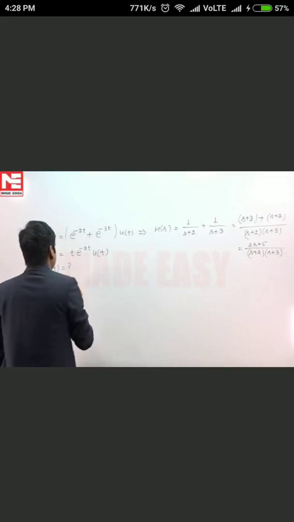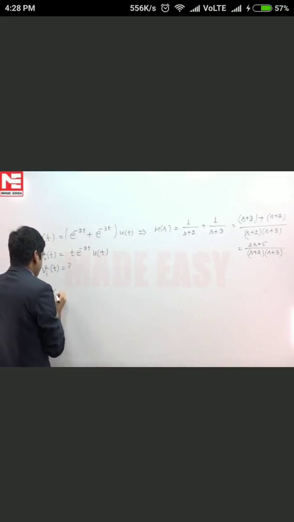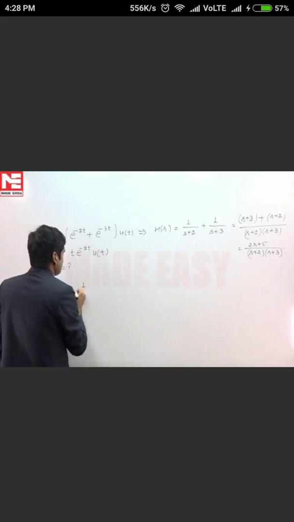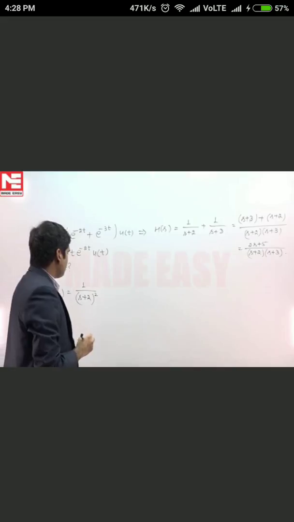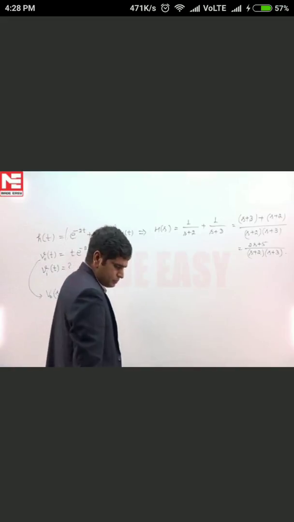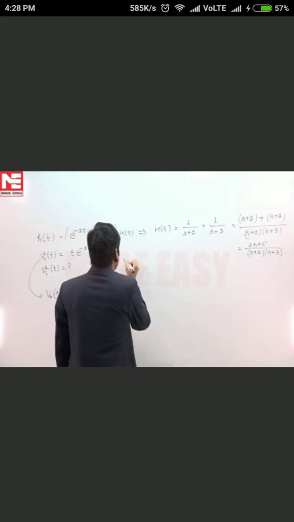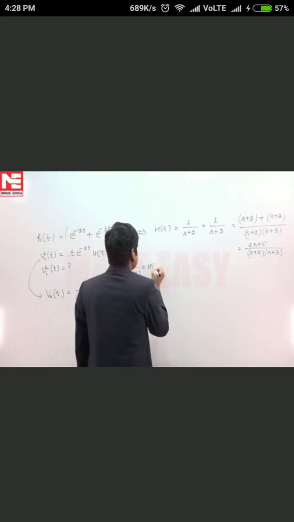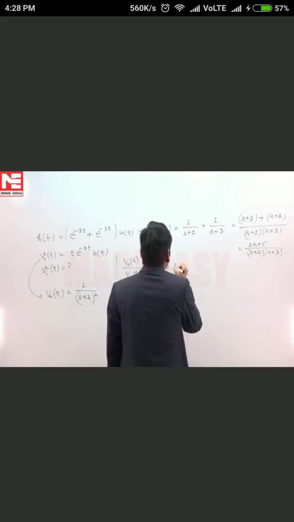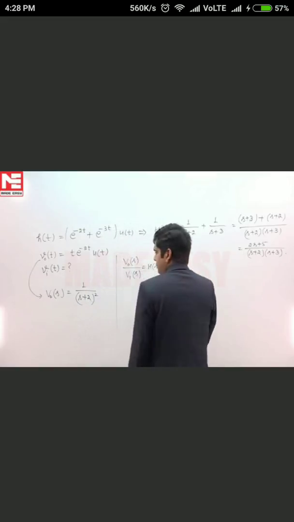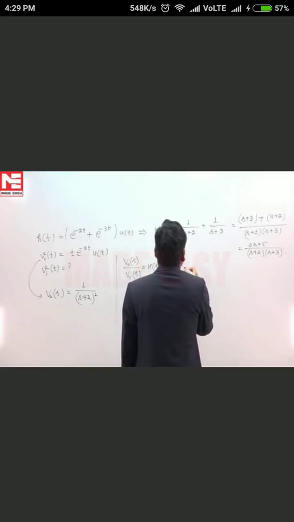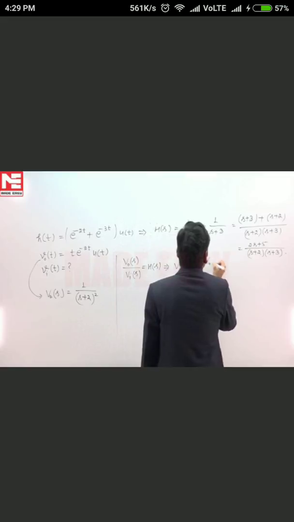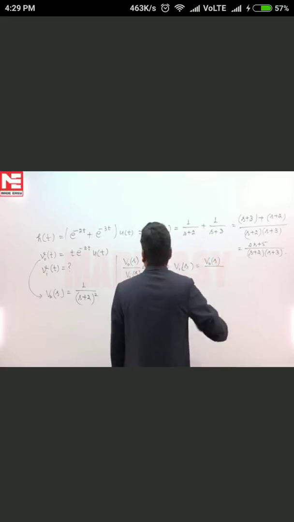V0(t), so corresponding V0(s) is equal to 1 upon (s plus 2) square. Now, we have V0(s) upon Vi(s), that is equal to H(s). So, V0(s) is given to us and we have to calculate Vi(s). So, Vi(s) is equal to V0(s) divided by H(s).